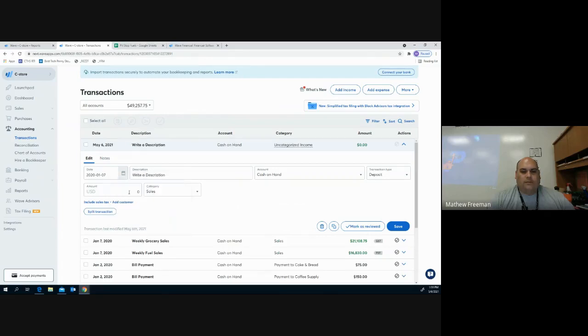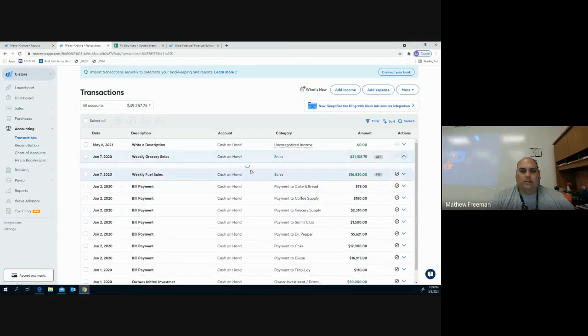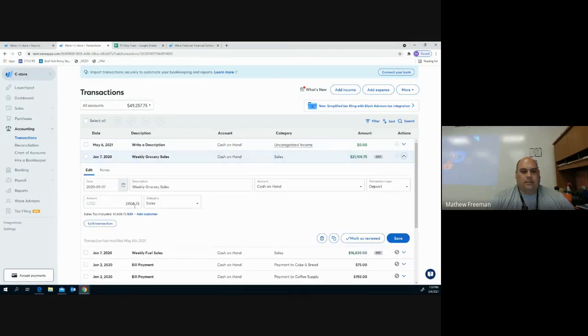So when you put the value in, you're going to see it populate like this. When you hit update, it's going to show your sales tax included down here. Okay, so here you see everything broken down for us. Before sales tax, after, and the sales tax amount. It's all included for it.